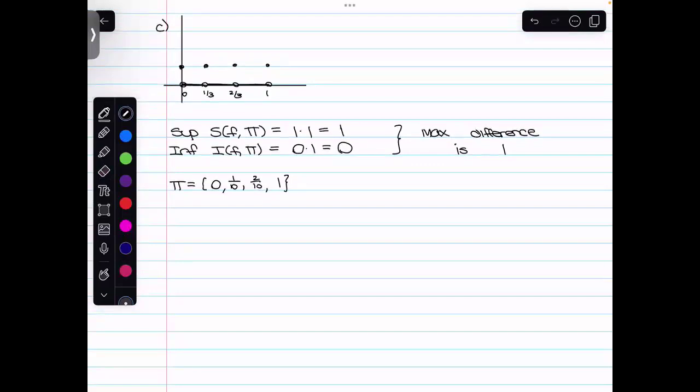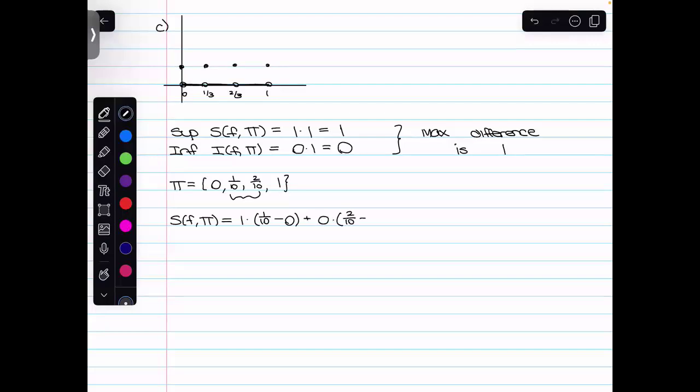And so now what's going to happen is that when we take the upper integral sum, for the first interval 0 to 1/10, your supremum is 1, and your length is 1/10 minus 0. But then for the next one, 1/10 to 2/10, your supremum is actually 0. It's the same as the infimum.